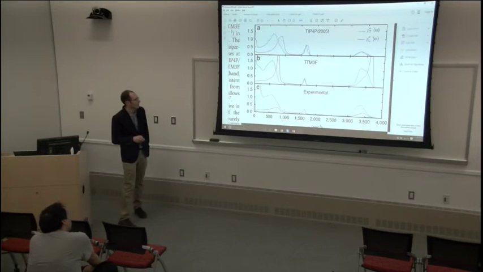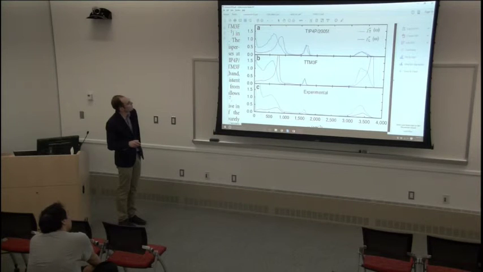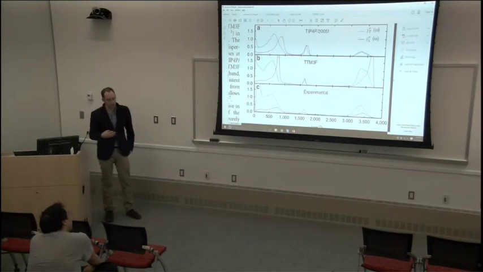And then the other interesting thing is here in the stretching band, the flexible model does not show any LO-TO splitting. The reason for that is that in order to have propagation or correlations that extend through space, you need to have the polarization.